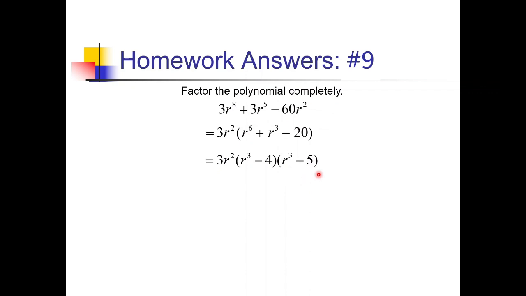Let me double check further though, since I still have r to something higher than the first power. Do I have things I can break down even further? Well, with these cubes here, I would only be able to mess with these if I had 2 perfect cubes. 4 is not a perfect cube, 5 is not a perfect cube, so this is as good as it's going to get.